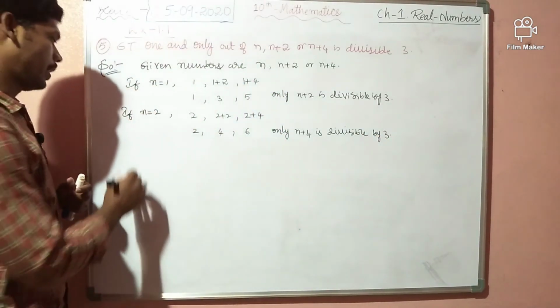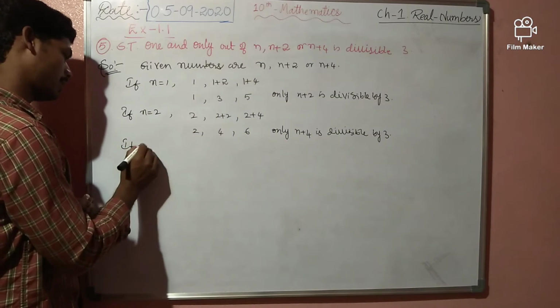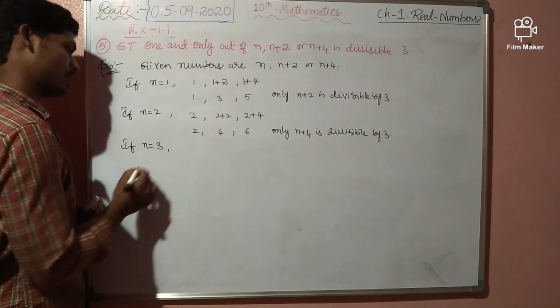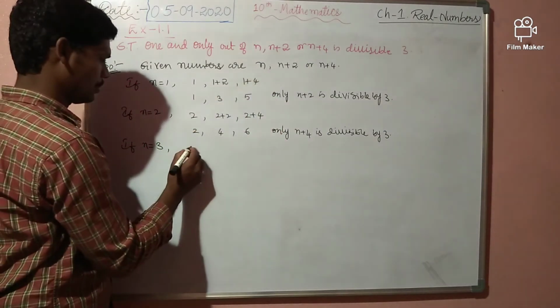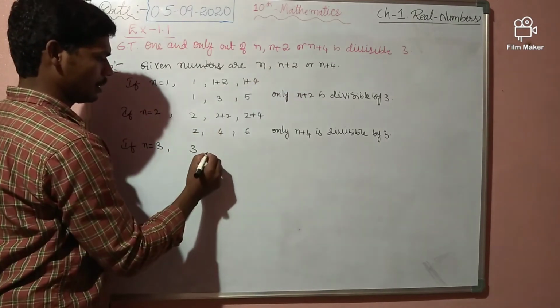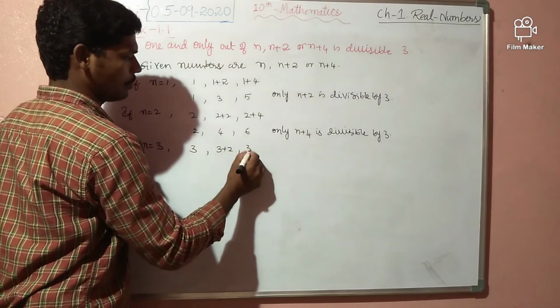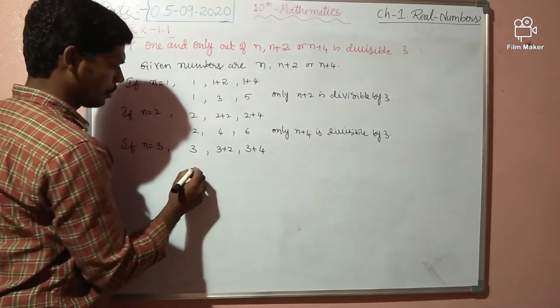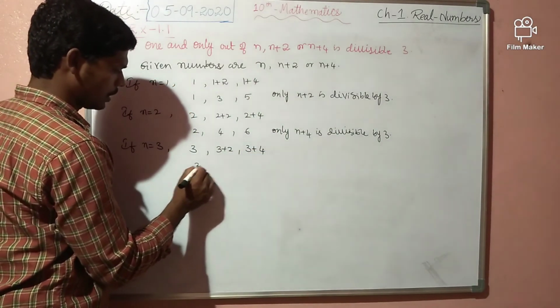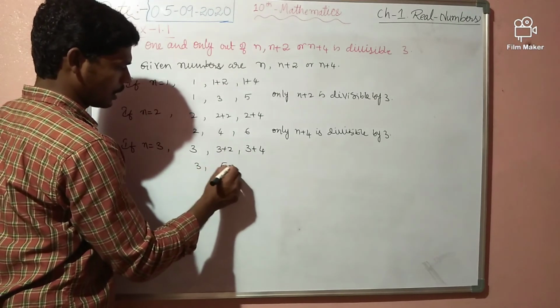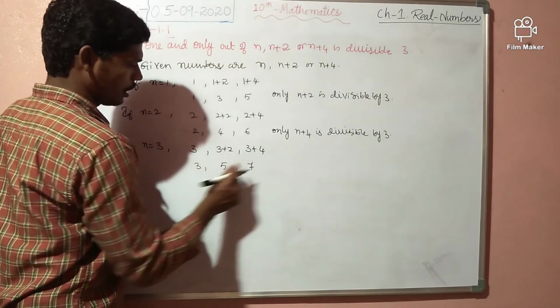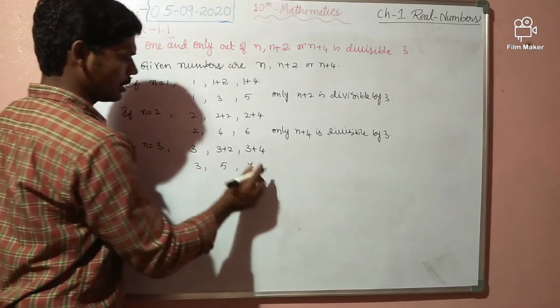Next, if n is equal to 3, n becomes 3, n + 2 becomes 3 + 2, n + 4 is 3 + 4. So among these three numbers, the first one is 3, 3 + 2 is 5, 3 + 4 is 7. Among these three numbers, only 3 is divisible by 3.